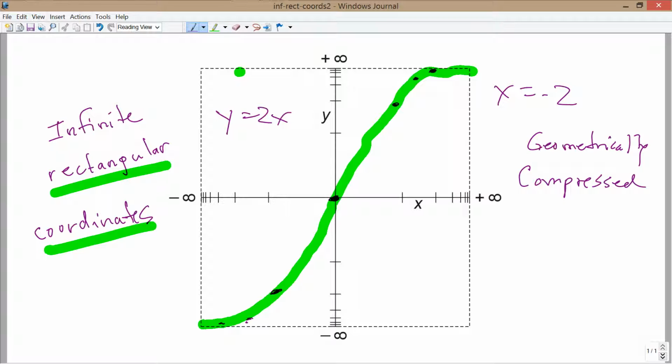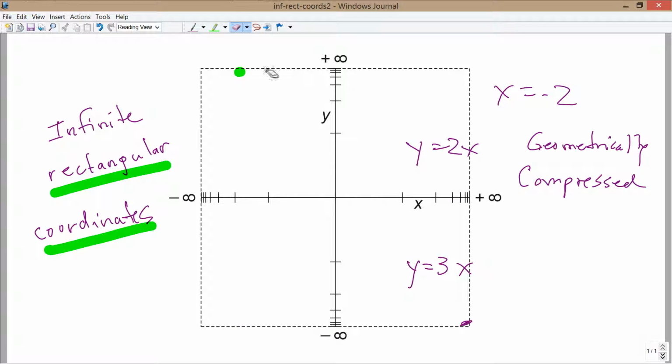If you were to graph now, say y equals 3x, the situation would be exaggerated even more, and you would get a compressed line that would look more like this.